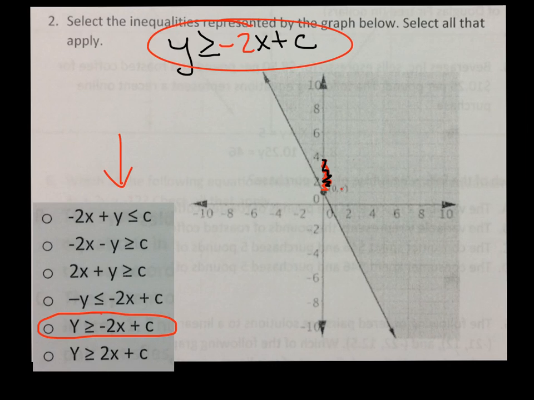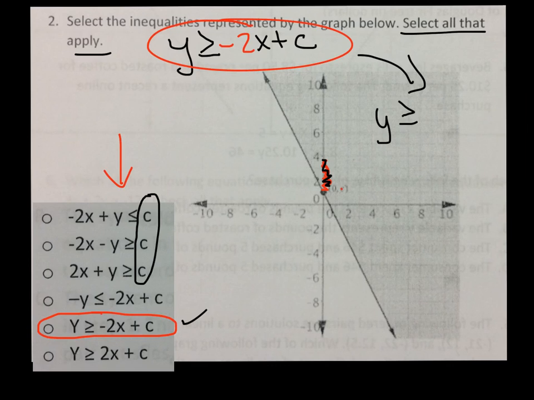So in this case, this one is exactly like the graph that I'm using. Now, you could manipulate some things. Now notice that these three have C by itself. All right, now it did say check all that apply. So what I'm going to do right here is take that inequality, y is greater than or equal to C, and add 2x to both sides.